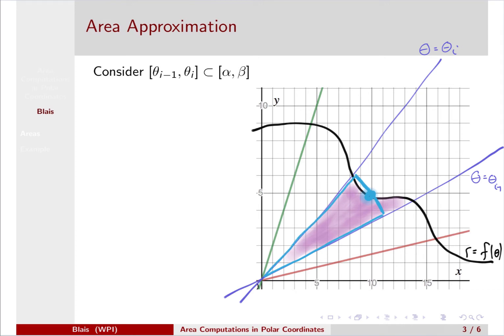And now we can think about getting the slice. Think of it like a slice of pizza. The key thing is now you have a circular boundary, and that's coming from the circle centered at the origin, with the radius determined by this point on that boundary of the polar curve.